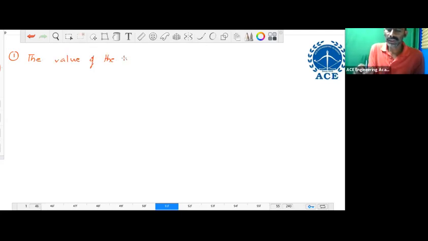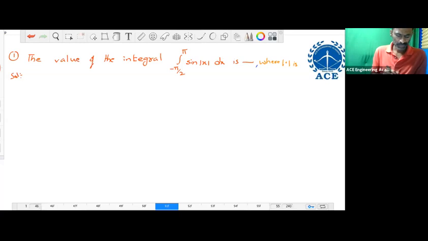The value of the integral from minus pi by 2 to pi of sine of mod x dx is, where within the two single vertical bars is some function, is a modulus function.